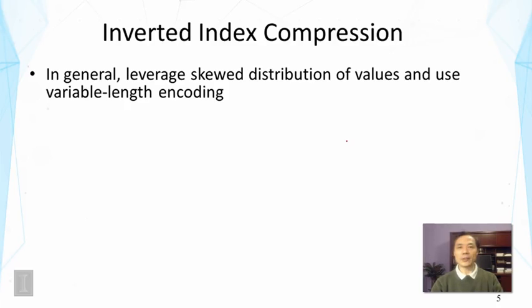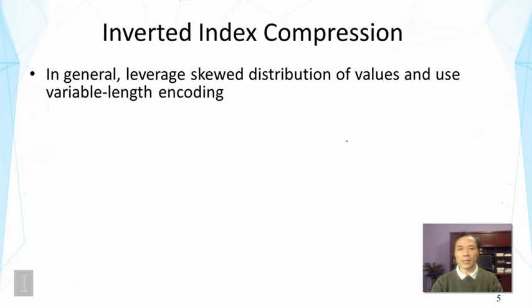Now, we mentioned earlier that because the postings are very large, it's desirable to compress them. So let's now talk a little bit about how we compress inverted index. Well, the idea of compression in general is to leverage skewed distributions of values. And we generally have to use variable length encoding instead of the fixed length encoding as we use by default in a programming language like C++.